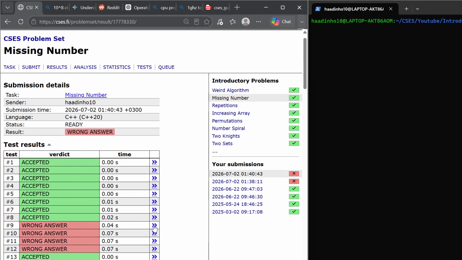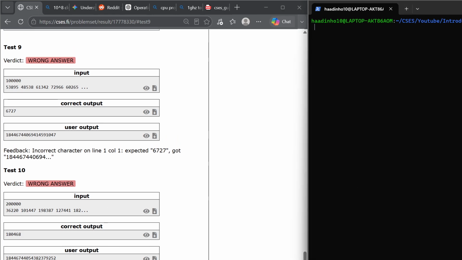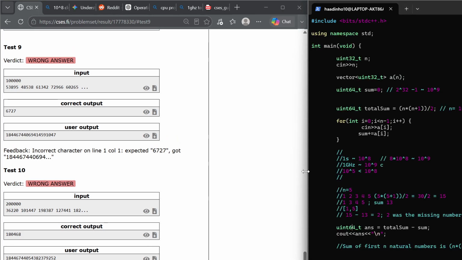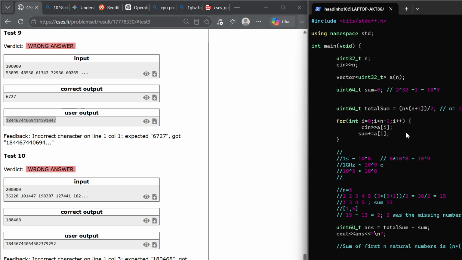Okay, again it's a wrong answer, so there might be some other problem. It was not overflow, but it's giving a very big value. So is there some mistake over here, n into n plus 1 by 2? The formula is correct, but okay, let me see what's happening.